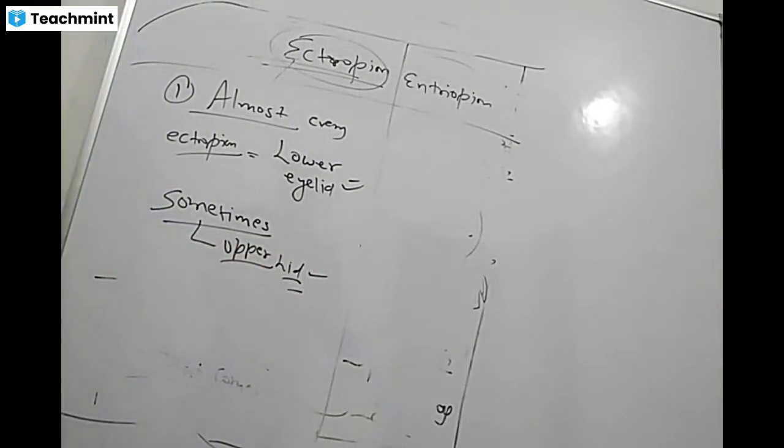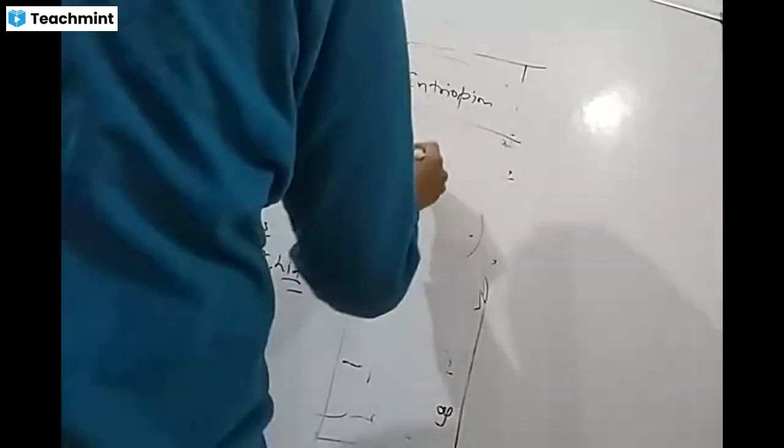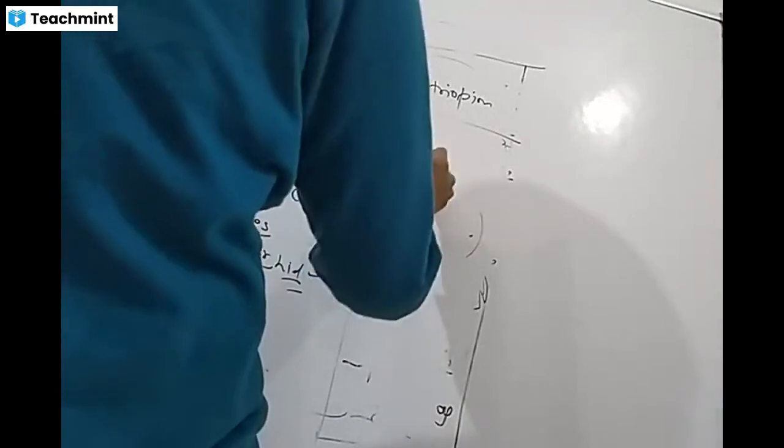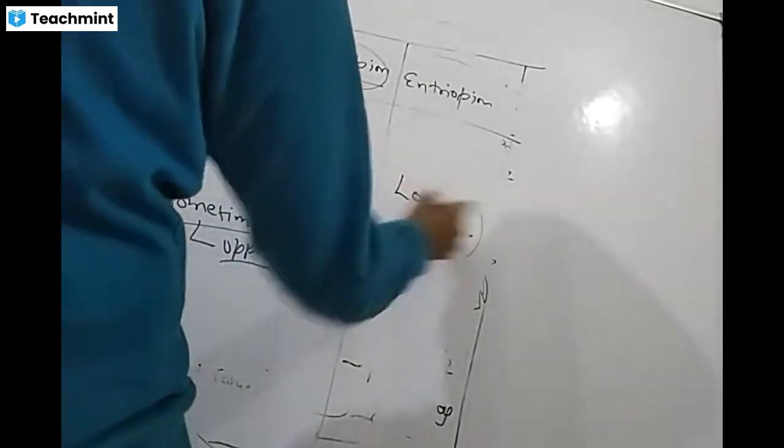In case of entropion, the most common involvement is also the lower eyelid. Here also lower eyelid.